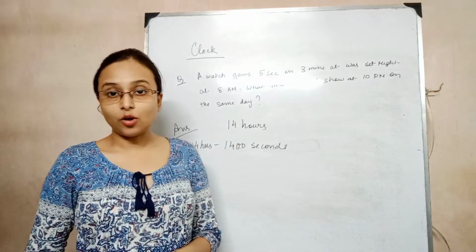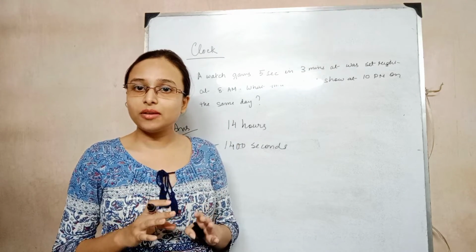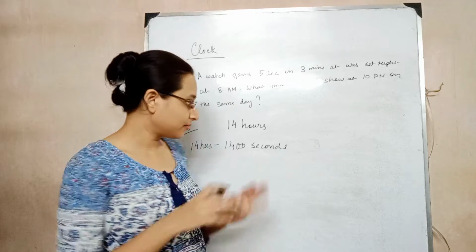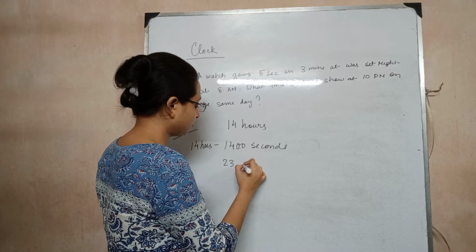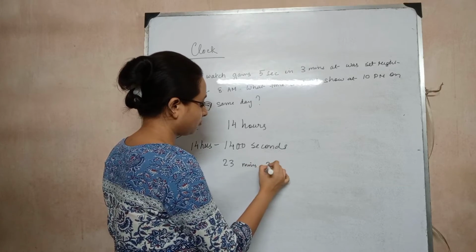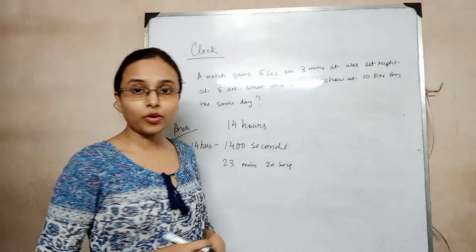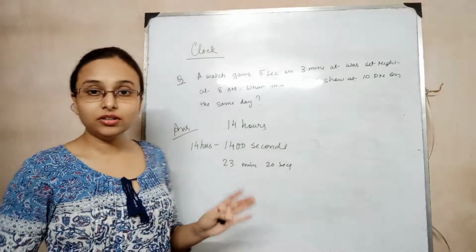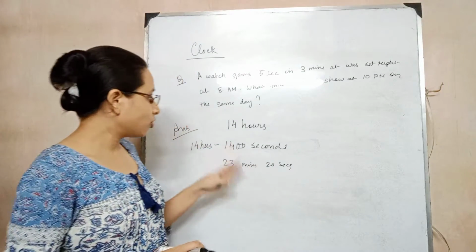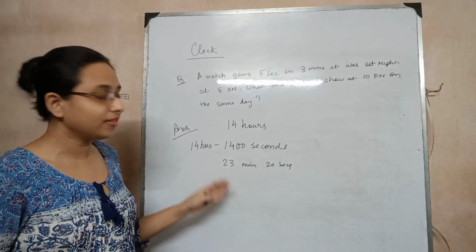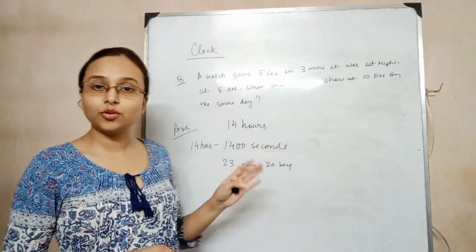Or 23 minutes 20 seconds, doing exact calculation. Okay. If you have understood this much, then we will proceed. 14 hours, that is 1400 seconds, which is 23 minutes and 20 seconds.